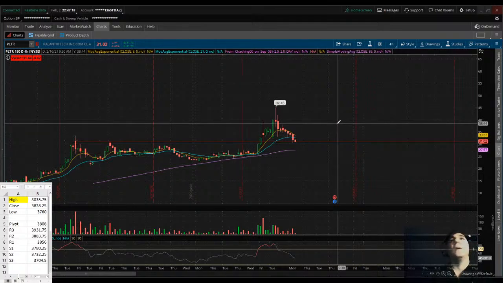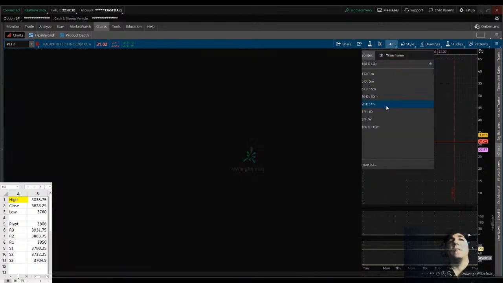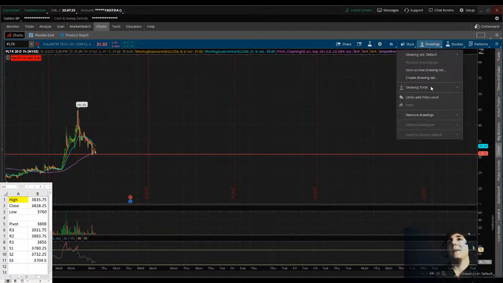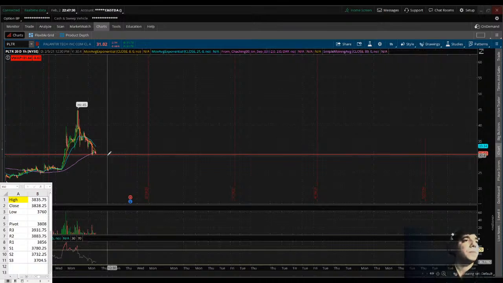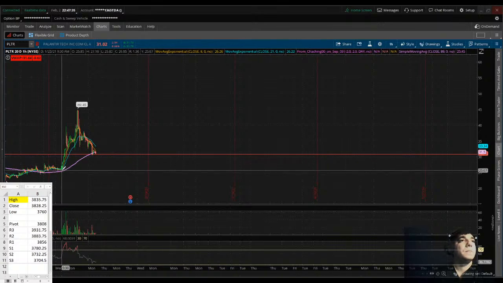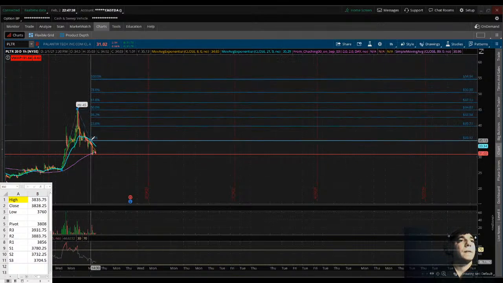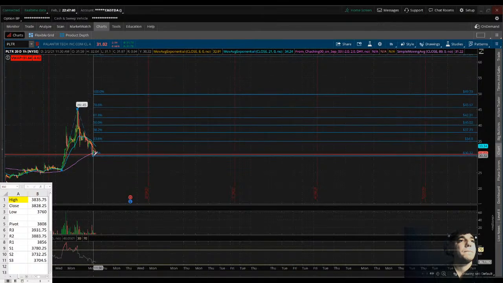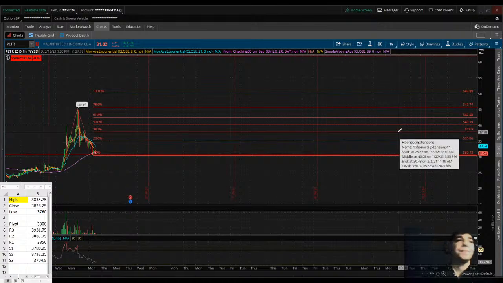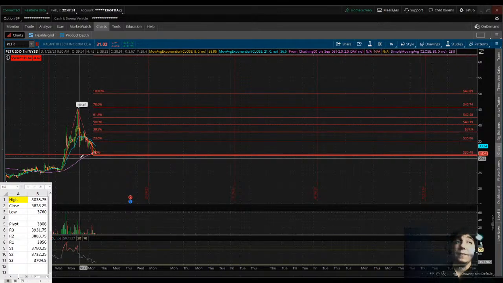So, I'm going to do something that I haven't done yet tonight, but to kind of emulate what my targets may be for Palantir, I'm going to show you how to do a fib extension. I'm going to go from this low to this high and to this low right here. And these are now my targets. This is how I did this for the S&P on the futures.